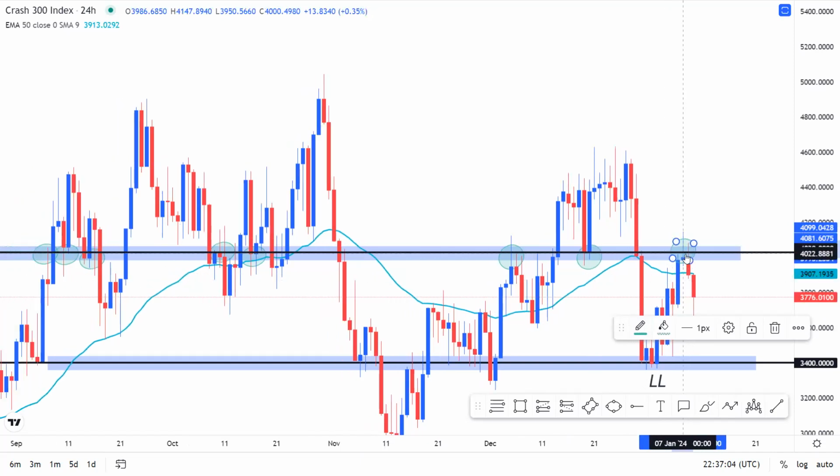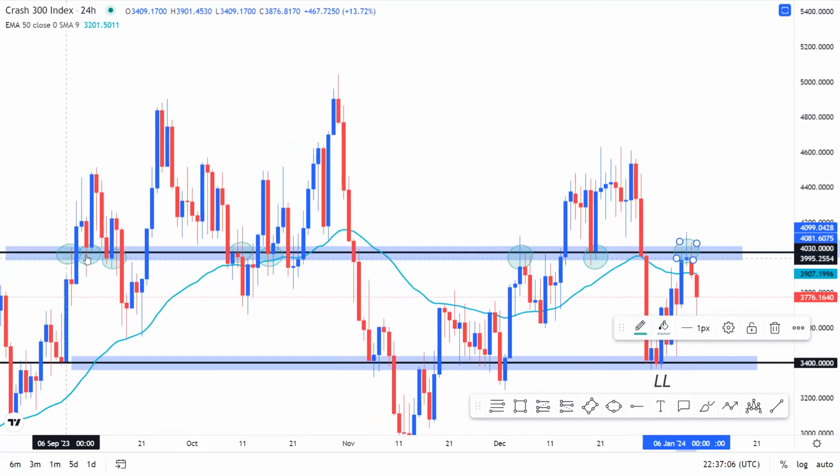As you can see, quite a number of times, 1, 2, 3, 4, 5, 6, 7 times previously in the past, we have tested the level from the upside and then the downside, and we've had to see some significant movements in the opposite direction.